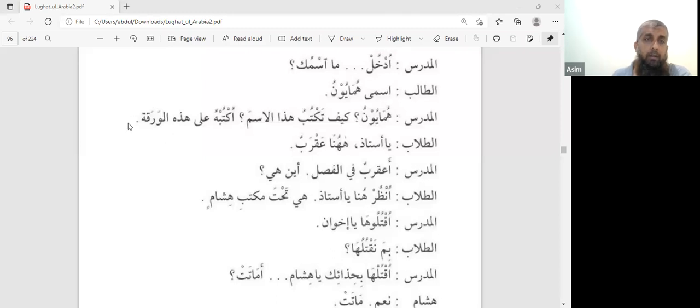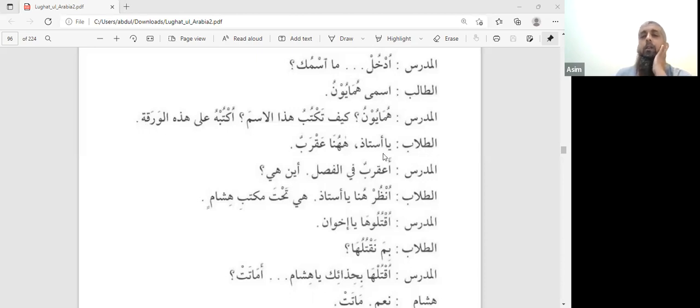This word is feminine because of the ta marbuta at the end. That's why we say hadihi. If this was a masculine word, we would say hada. So اكتبه على هذه الورقة: write it, meaning the name, on this page.